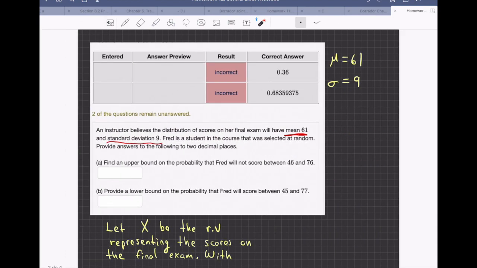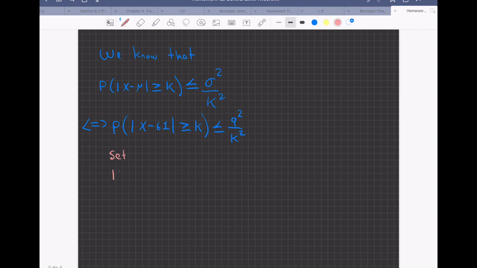For example, for 46, we set 46 minus 61 is equal to k. So for k, 46 minus 61 is the absolute value of negative 15, that is equal to k. But this is only 15, so k is equal to 15.